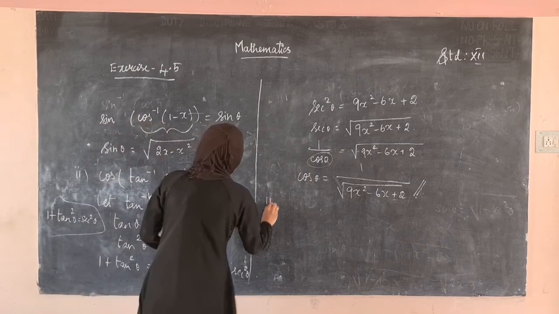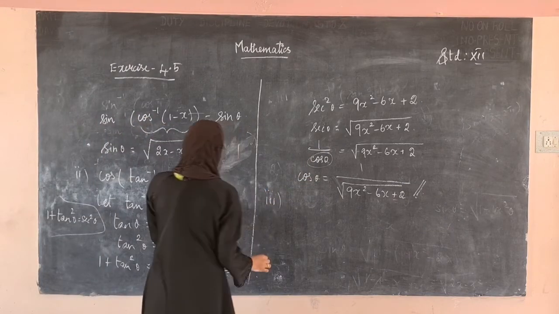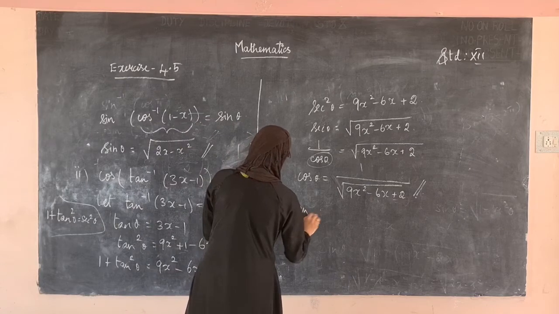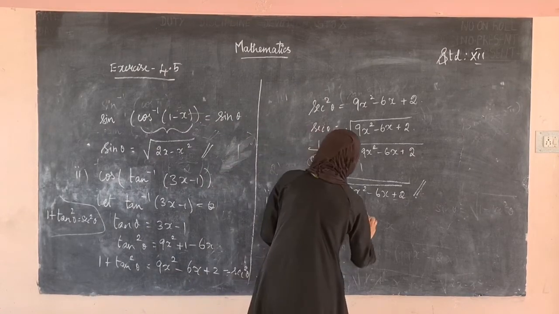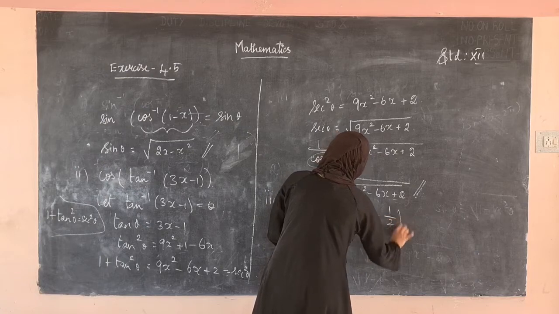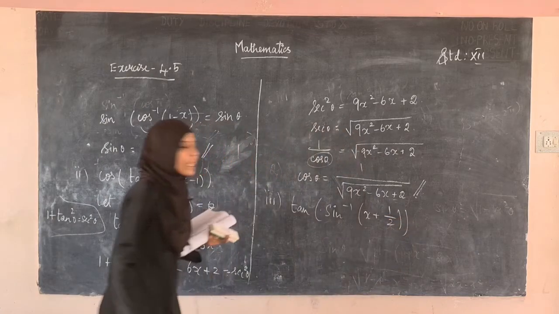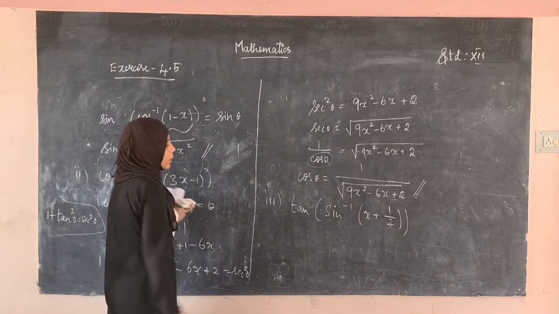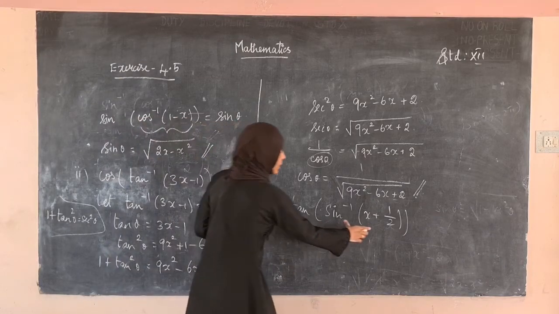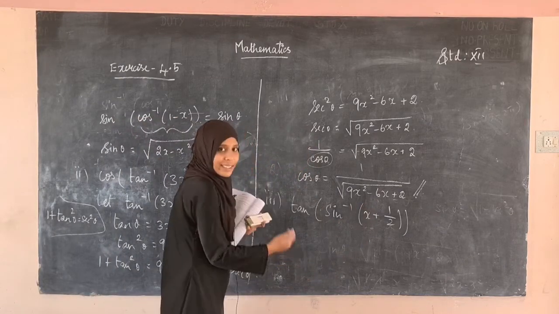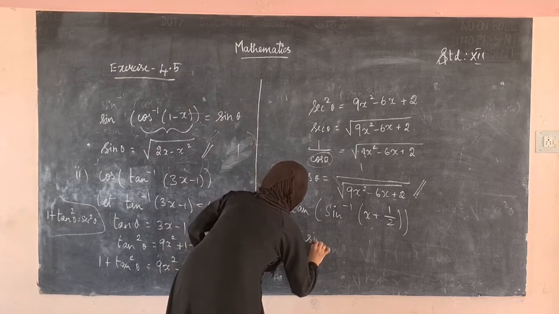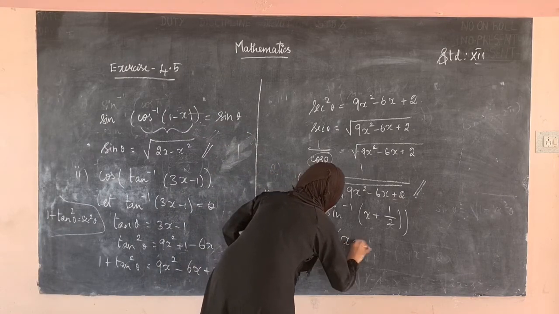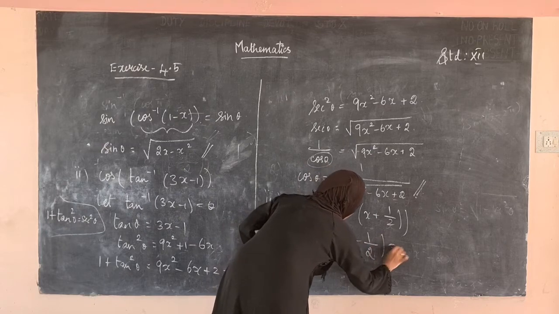Now the third subdivision. Tan of sin inverse of x plus 1 divided by 2. Similarly, we have to find the value like this. We are going to take this as theta. At last we have to find tan theta. Now let sin inverse of x plus 1 by 2 be theta.